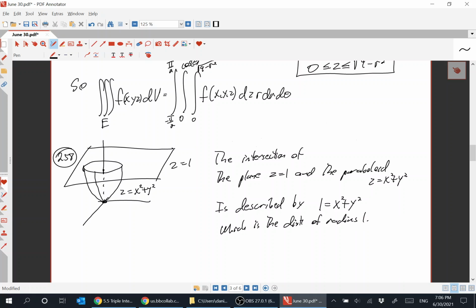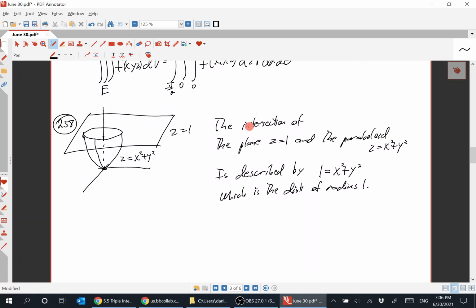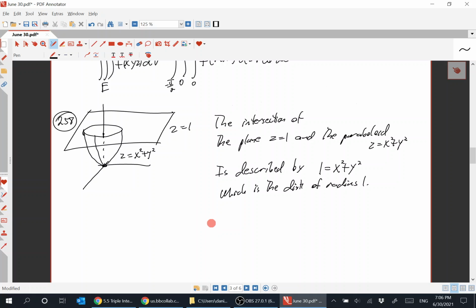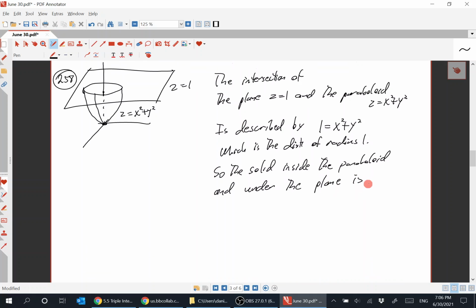Right, so we want to find the volume inside the paraboloid under the plane. So the solid inside the paraboloid and under the plane is, well, it's just the circle of radius 1.